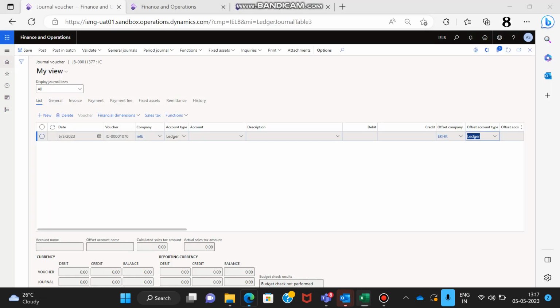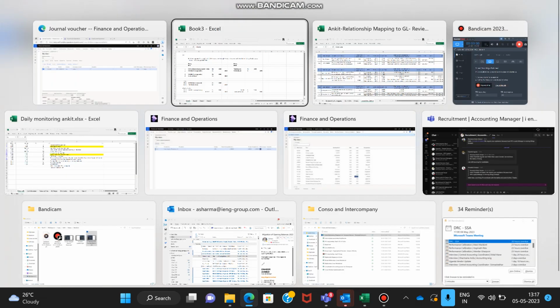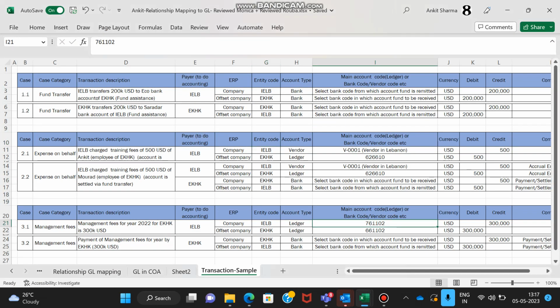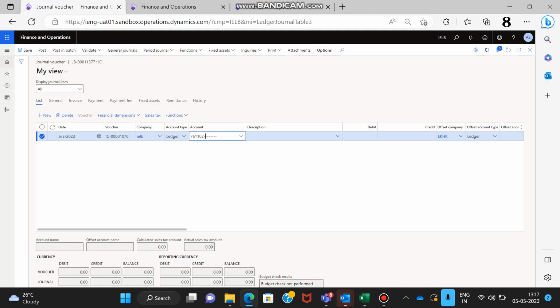Coming back to the transaction, let's say I select the management fee GL. Anjing Lebanon will credit it because it's an income for them.